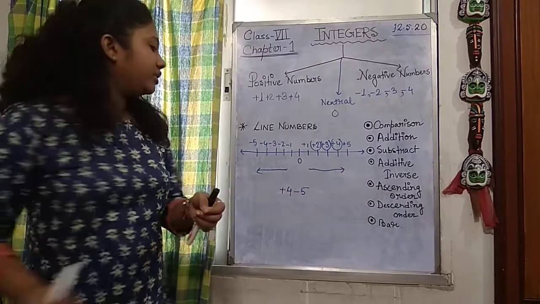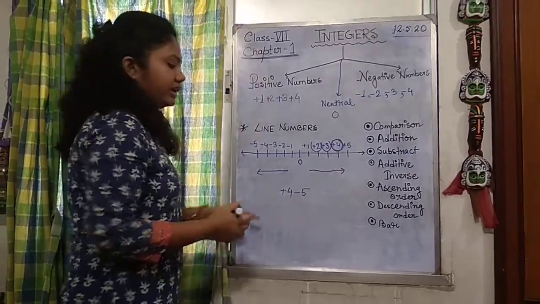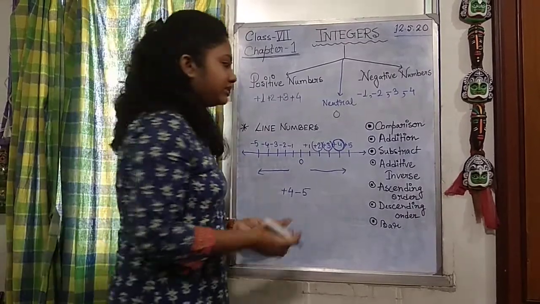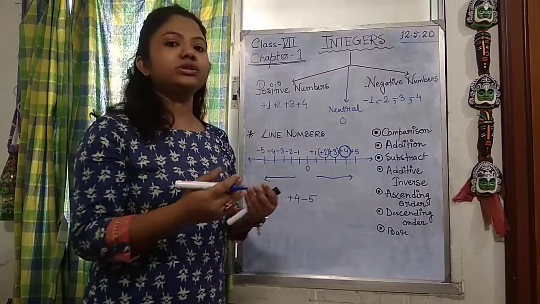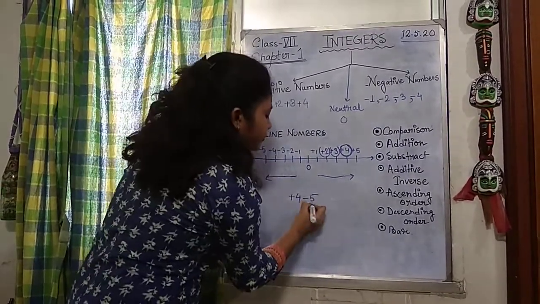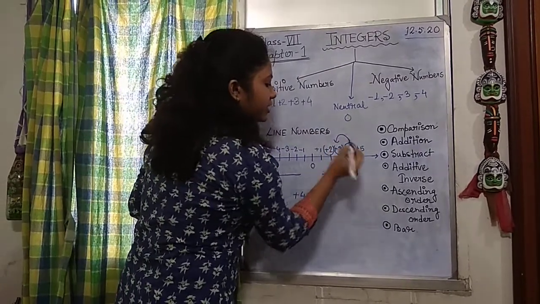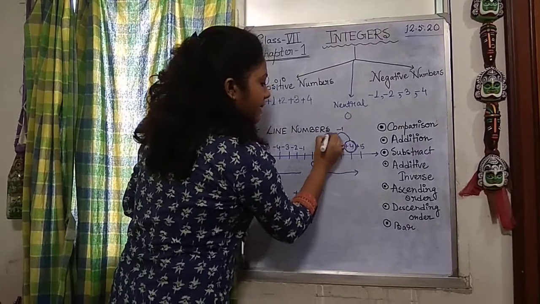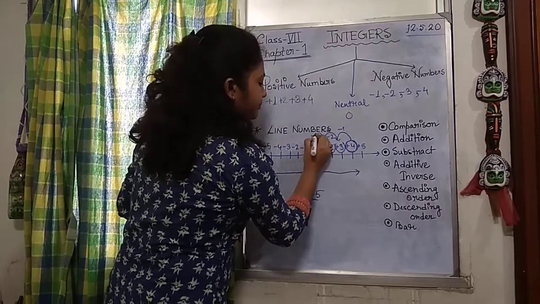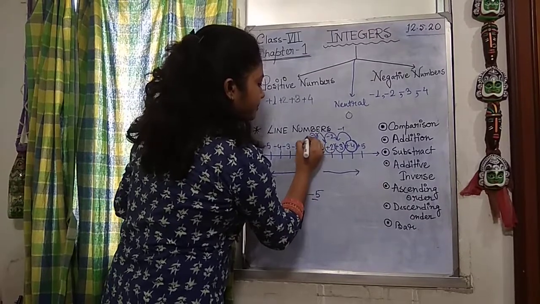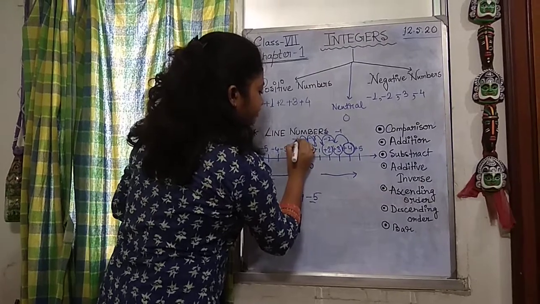Okay. So here +4 is located out here, right? Now if -5 needs to be plotted, we return to the fundamental rules, that is, -5 means 5 jumps toward the left hand side, means 1 jump here, -1, -2, -3, -4, -5.